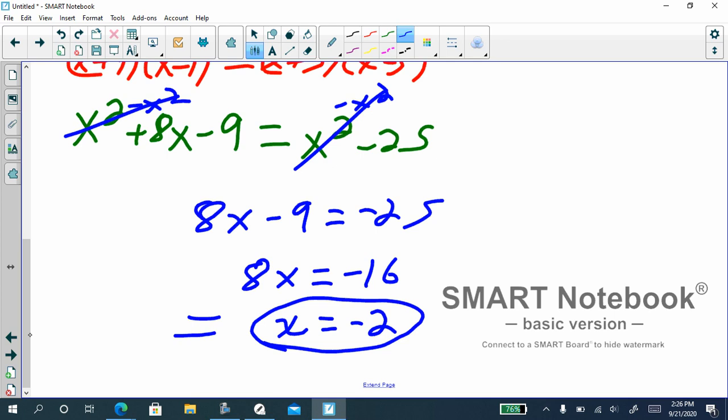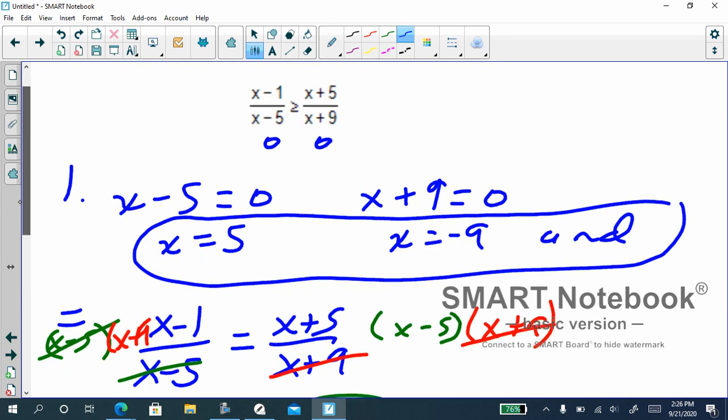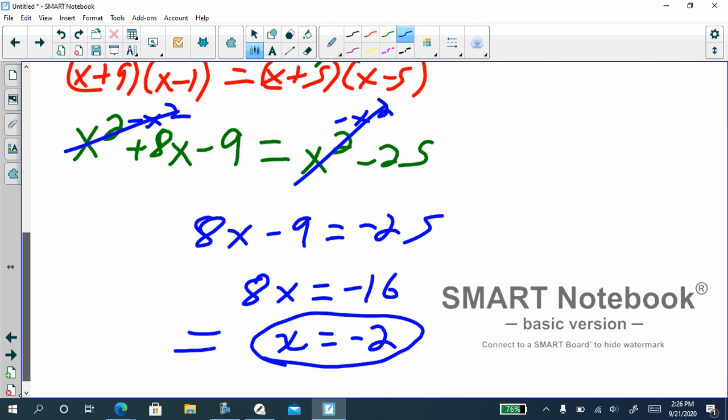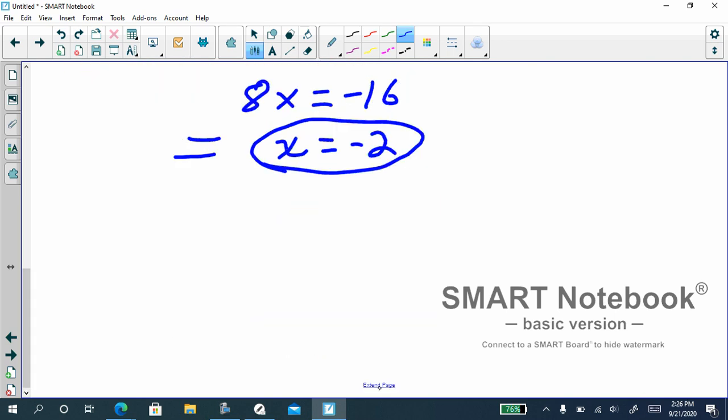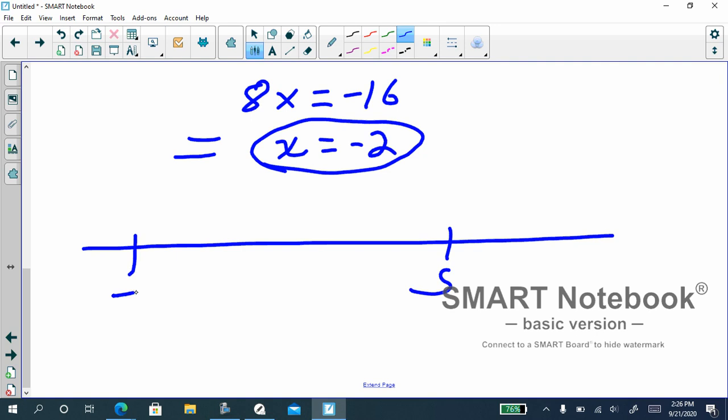So we have three boundaries. We have 5, -9, and -2. -2 is where we're equal. These other ones are where we're undefined.